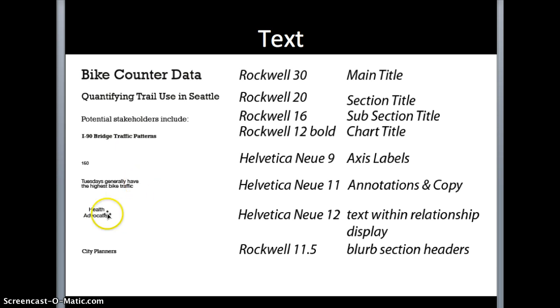With my relationship display, I wanted those to stand out, so I created their own type size, as well as for the copy underneath my relationship display. I wanted to make sure that the different sections were identifiable, so I again took from the Rockwell theme to create that.